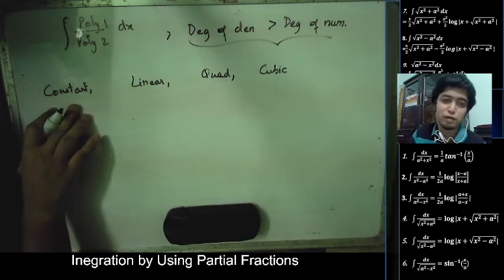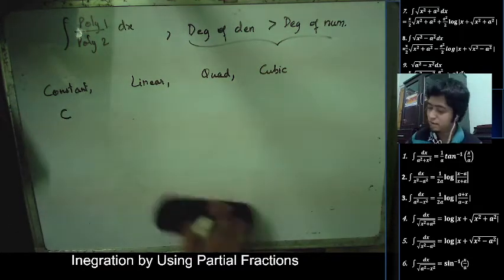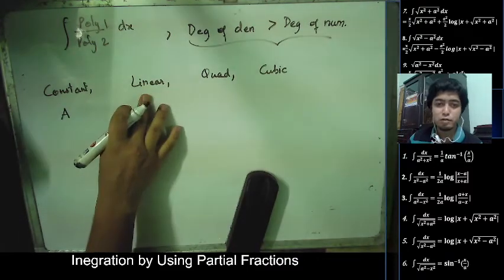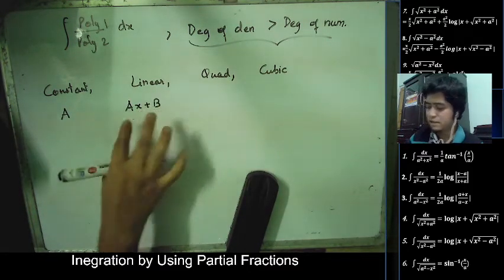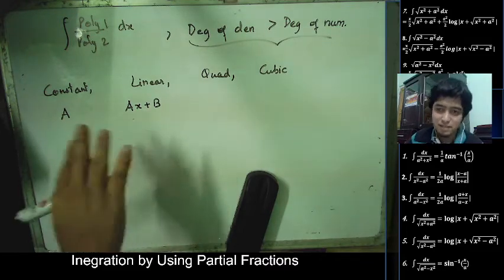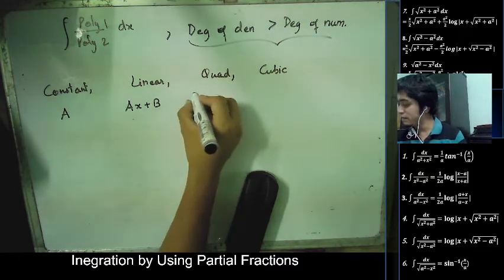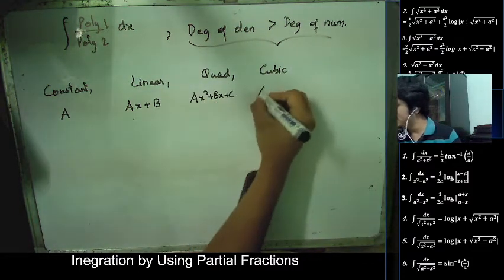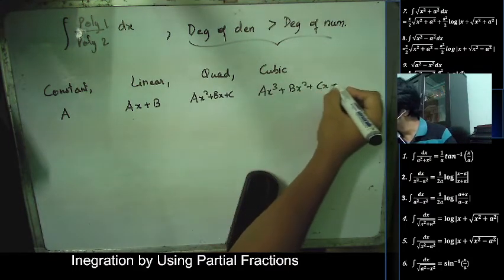A constant polynomial is of the form C, or we can simply write a constant A. A linear polynomial is of the form ax plus b, or we can write cx plus d, it doesn't matter, but we will be using ax plus b. Quadratic is of the form ax squared plus bx plus c. Cubic, similarly, is ax cubed plus bx squared plus cx plus d.